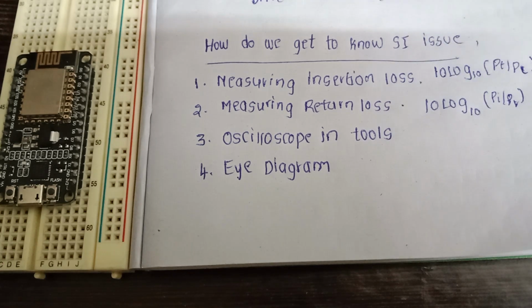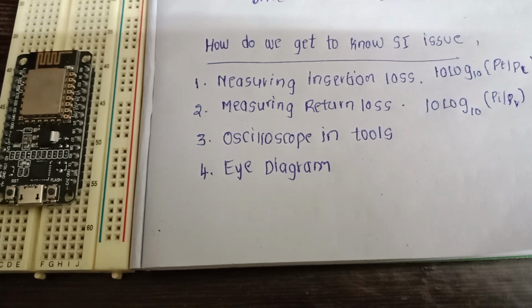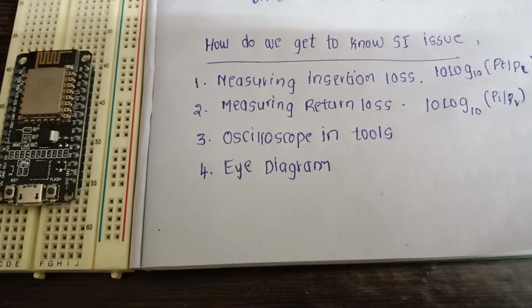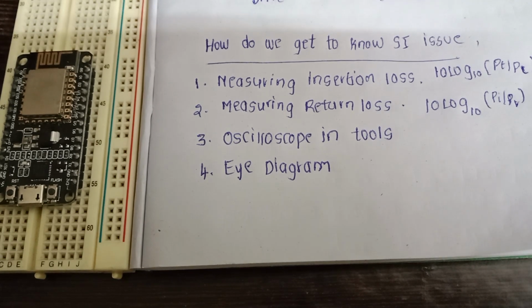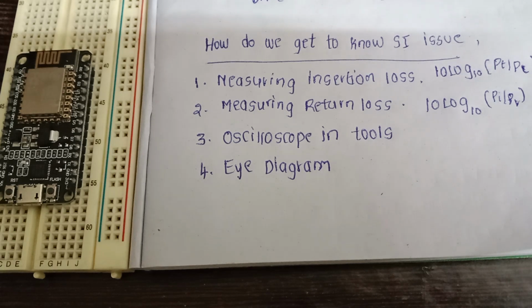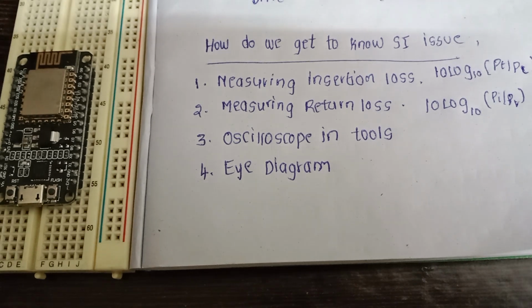So what is the difference? We mentioned that in high-speed designs, you will have signals returning back if there is an impedance mismatch. We have talked about this in our previous videos. So because of this impedance mismatch, there will be reflections. That is the first thing.